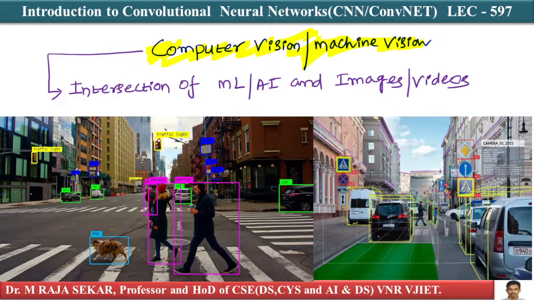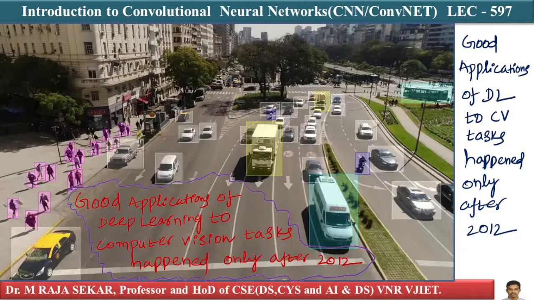If not as good as humans, they are very close to human perception, and most of these developments have happened since 2012. Of course, there was research prior to 2012, but most of the really good applications of deep learning to computer vision happened only after 2012.